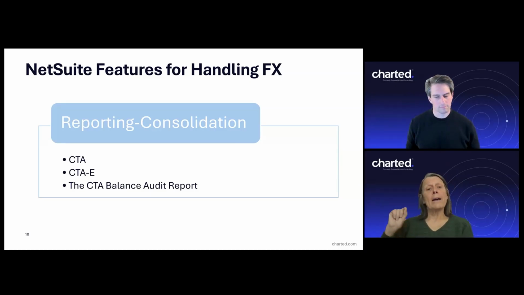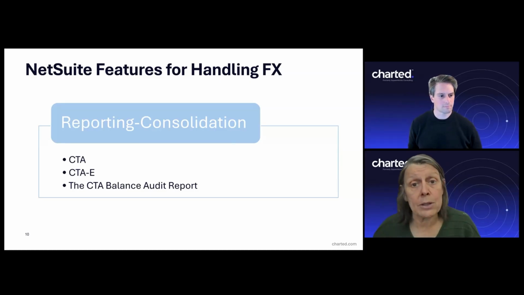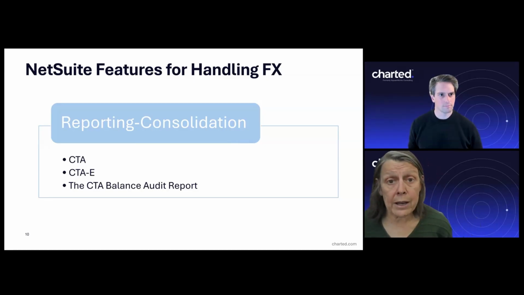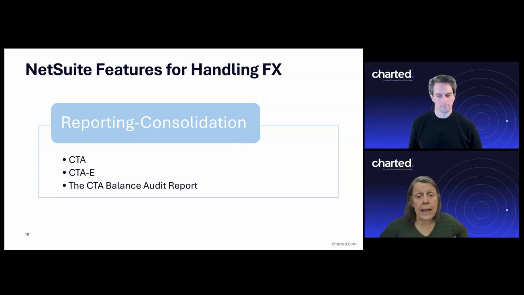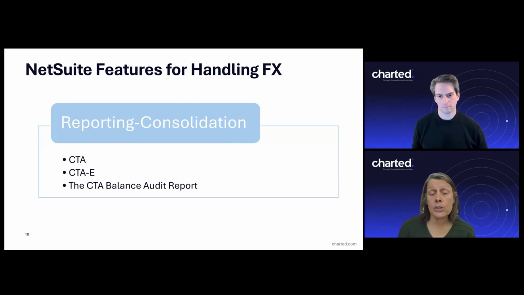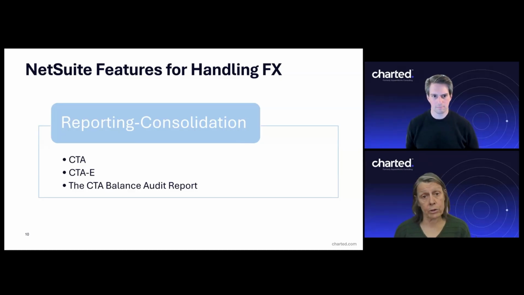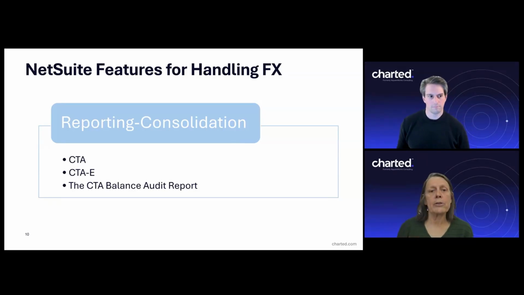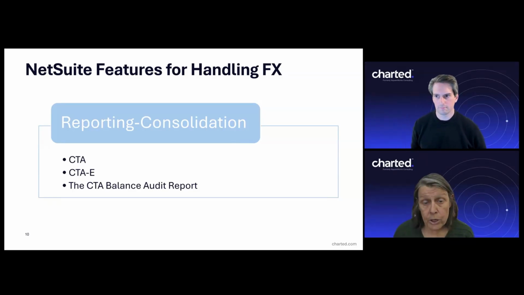Now, when I eliminate that $1,000 on the balance sheet side, what's happened is I've got the $1,000 on the parent. On the child, I've got $1,000 that translated as 800 euros. I revalue that at the end of the month. It's now going to be, say, 805 euros. That is going to translate back to $1,000.